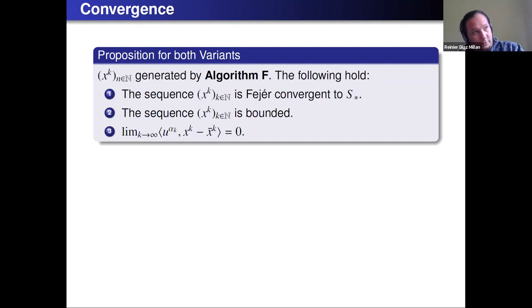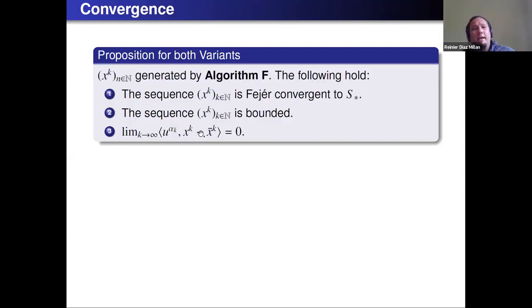That is why we ask for S0 to be equal to S star, because we will prove that the sequence is Fejér convergent to S star, which is equal to S0. Then Xk is a bounded sequence, and we will prove this important limit inequality that gives us that this limit is equal to 0, and this item 3 gives us the main idea for the proof of convergence of the whole sequence.